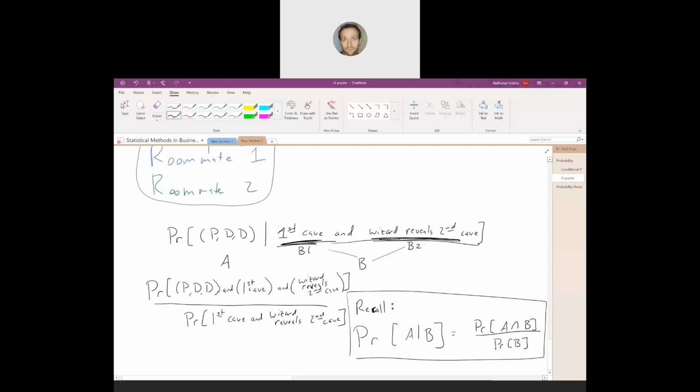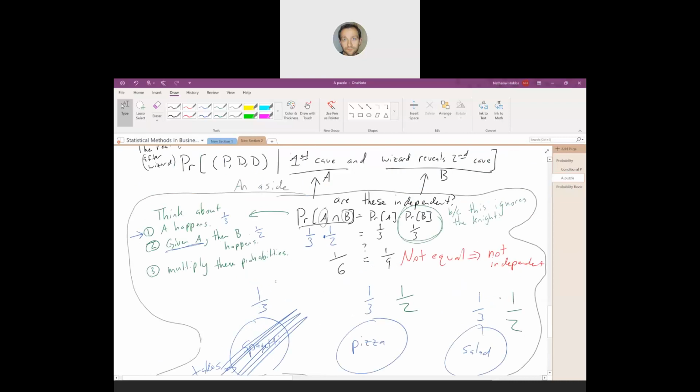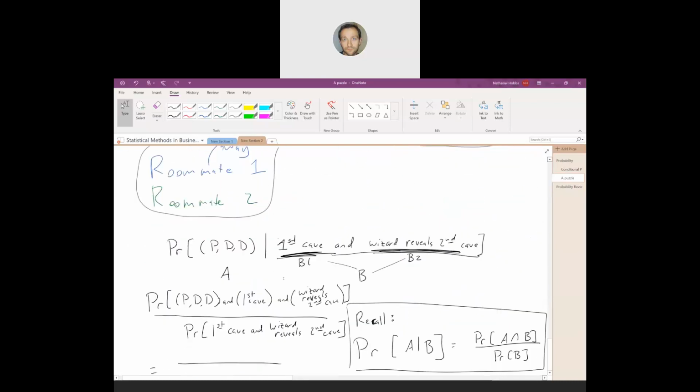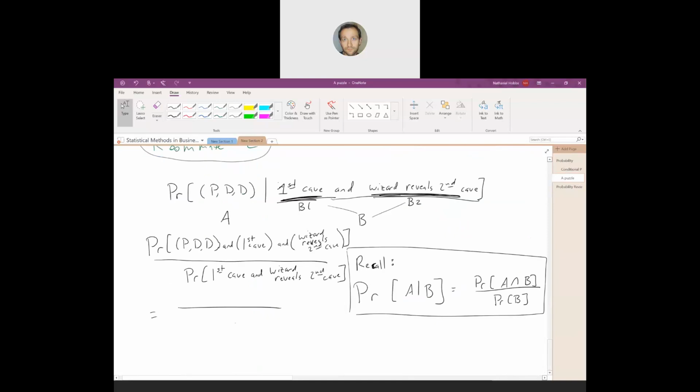Now, we've calculated the bottom part above. The first cave and the wizard reveals the second cave. We've already calculated that as being 1/6. If you have questions about that, please let me know. I'll try to go through it again. But this is 1/6 from above.